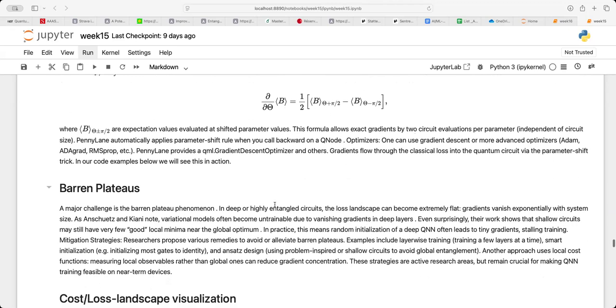One of the problems we can have when we do these calculations is so-called barren plateaus. Are you familiar with that? It is a well-known problem in classical and quantum machine learning, and it has to do with the fact that the gradients in the training can sometimes become zero or very small.